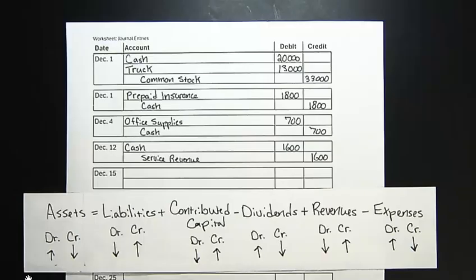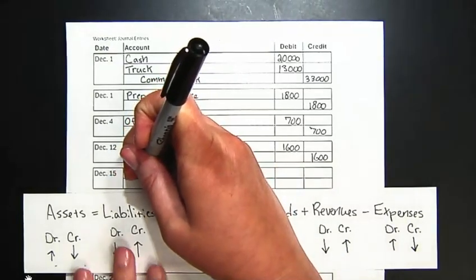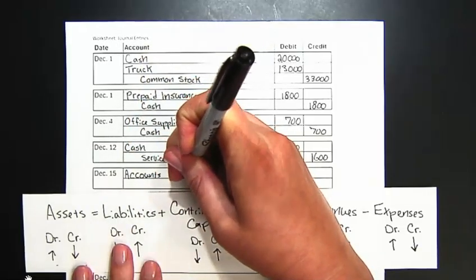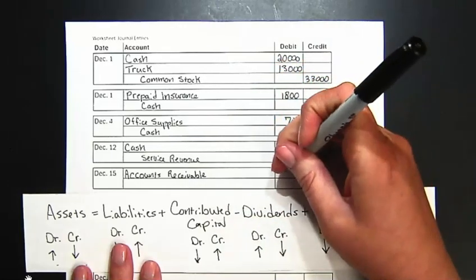That's an accounts receivable. Accounts receivable is an asset. It's a right to receive cash at a future period. We increase assets with a debit. So I am going to debit accounts receivable, $2,600.